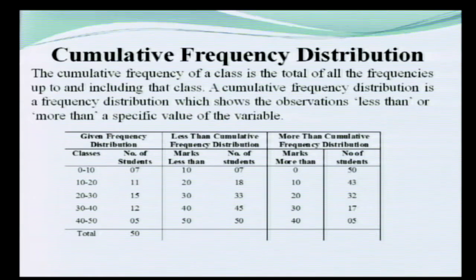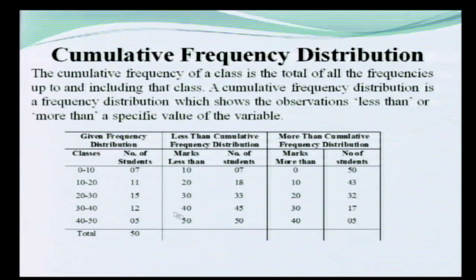Here the first class has the total frequency, that is capital N, and for this example it is 50, and then the frequencies of the classes are subtracted class by class. You see here in the more than cumulative frequency, the class 0 to 10 has a more than cumulative frequency of 50.